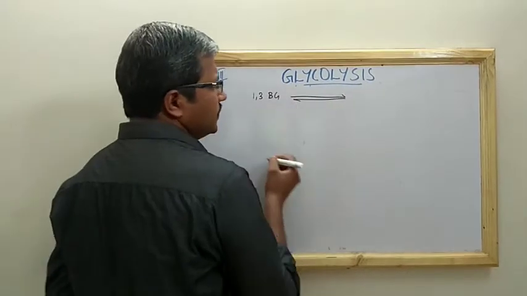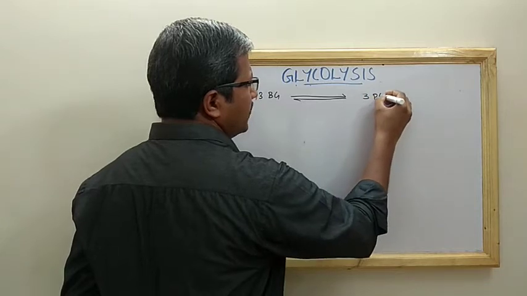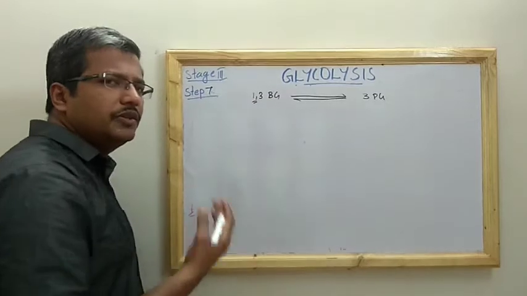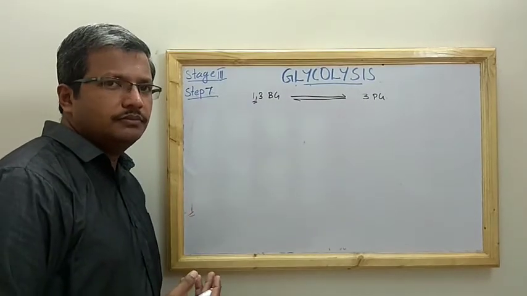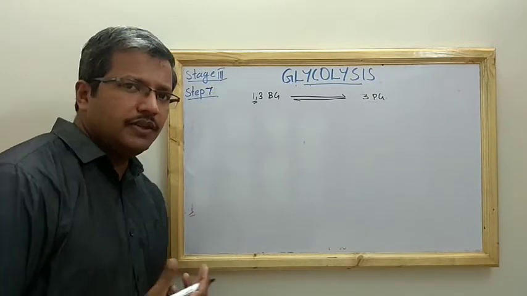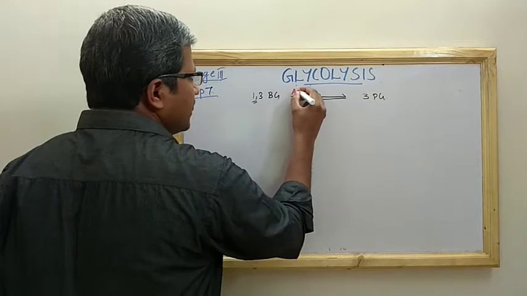Now 1,3-bisphosphoglycerate is converted into 3-phosphoglycerate. What happened? The 1-phosphate group is removed. And who will be receiving that phosphate group? It is nothing but ATP.